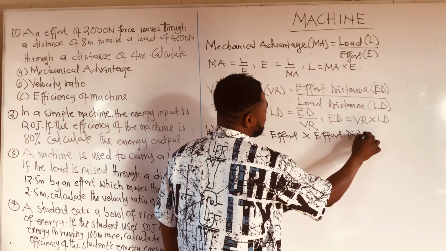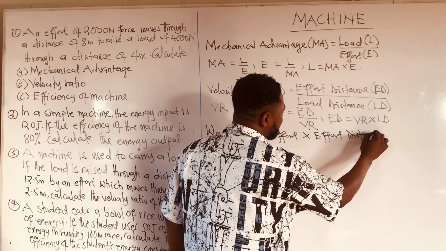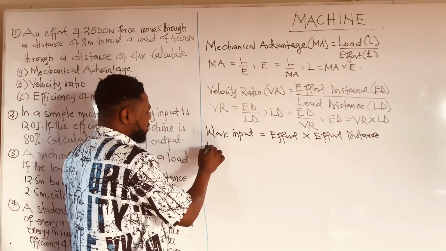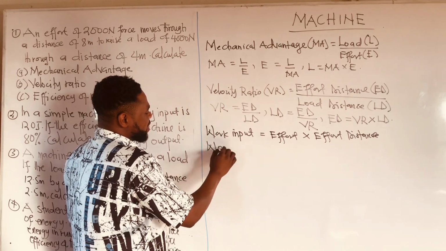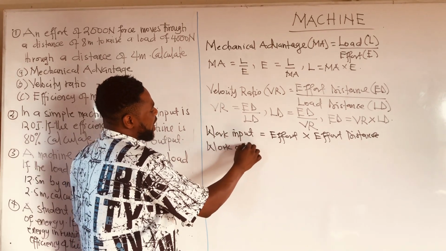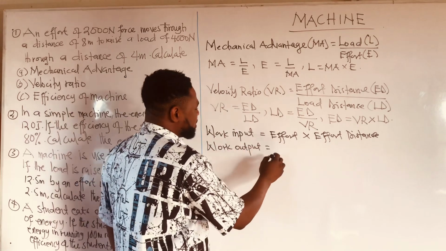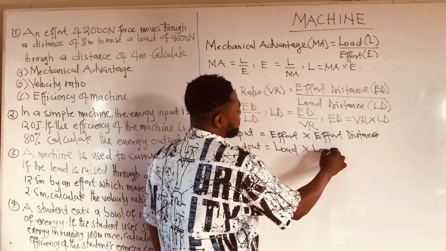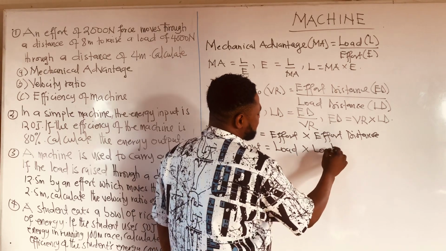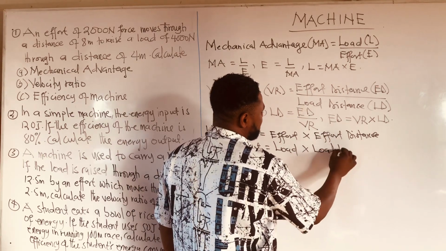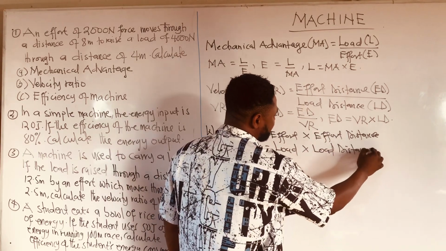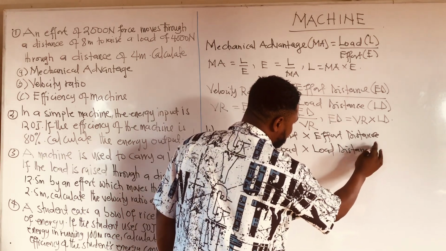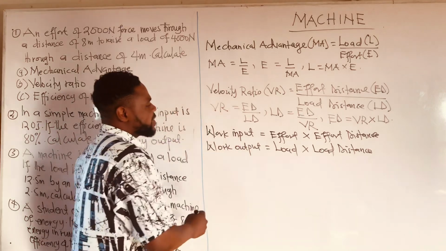So this is a formula that we can also have under work input, and we can also have a formula under what we call work output, which is equal to load times load distance, as we can see here.